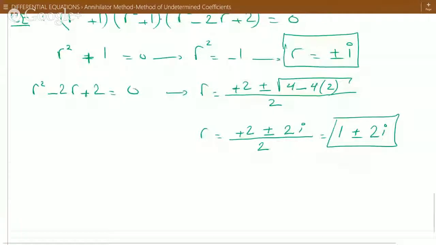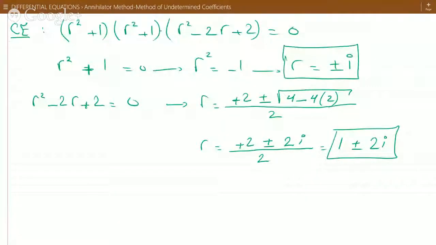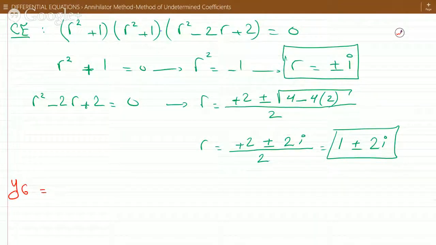So that means what? That means y general, let's write y general here. Y general will be, you have the plus and the minus i, so that gets you C1 cosine x plus C2 sine x, right?